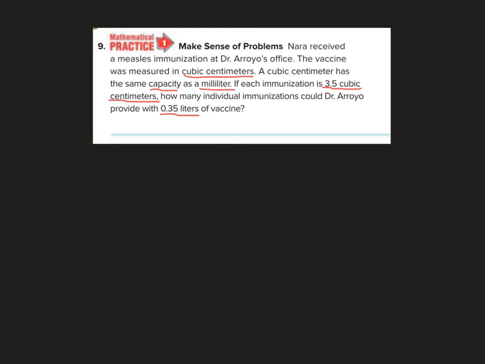Here's what I'm saying. Let's turn this 3,500 liters into milliliters. Okay, so I need to multiply by 1,000, which in turn is moving this 3 spots to the right. So it's making the number 350 milliliters.